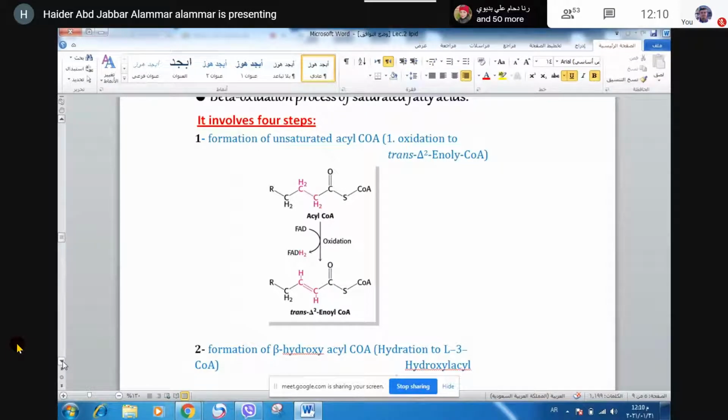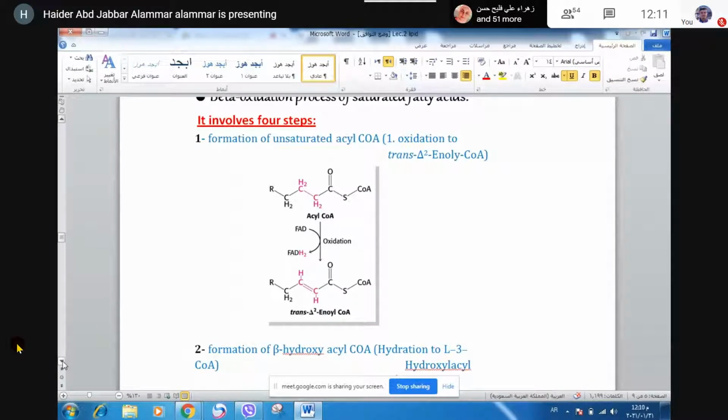When we say reduction, what do I mean by this? Reductase enzyme. Okay? So the acyl coenzyme A dehydrogenase will convert the acyl coenzyme A to what is called trans delta 2 enoyl coenzyme A.